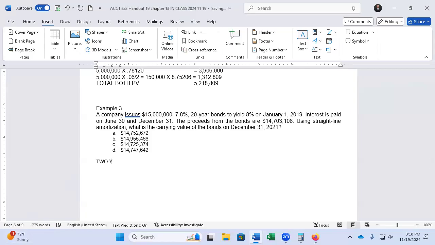So this is 2 years time? No, 3 years, 19, 20, and 21. Okay, so what first is our discount? So we take the 15 million, we subtract what we received, 14,703,108, and our discount is 296.